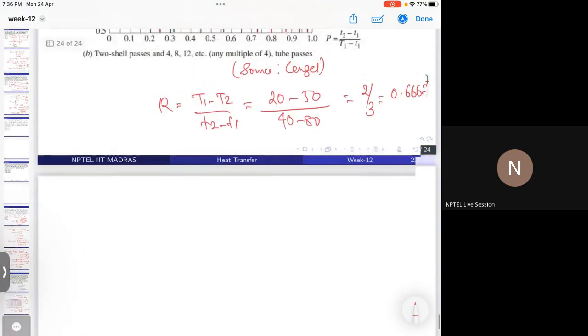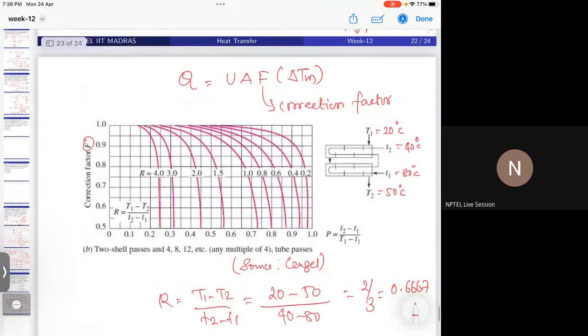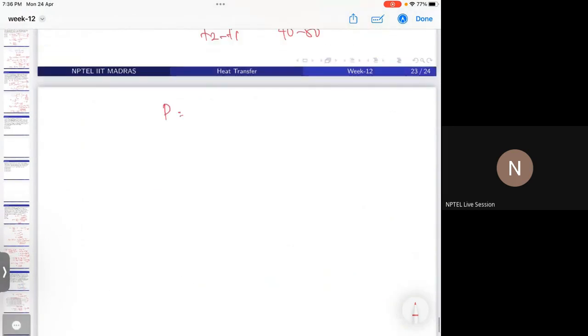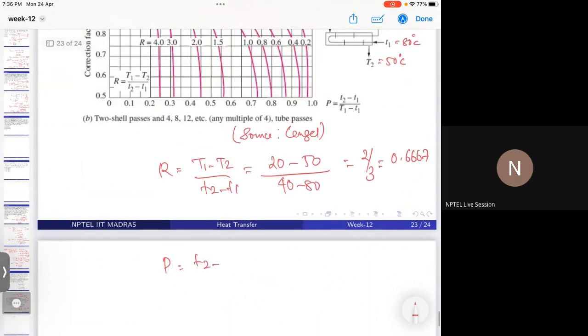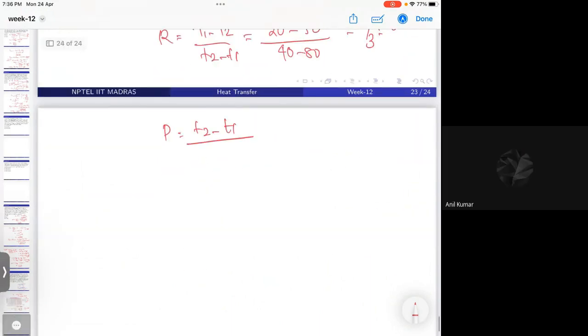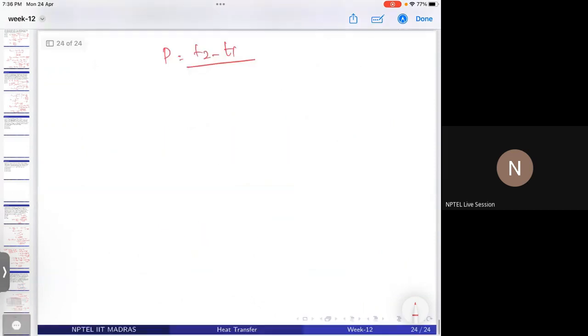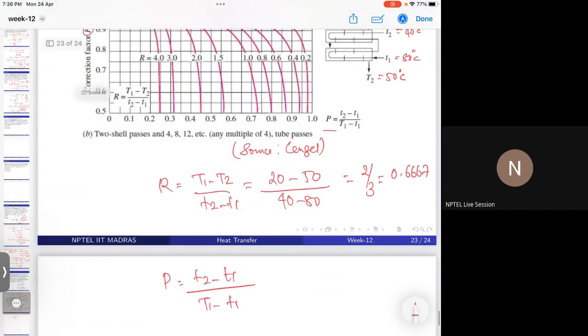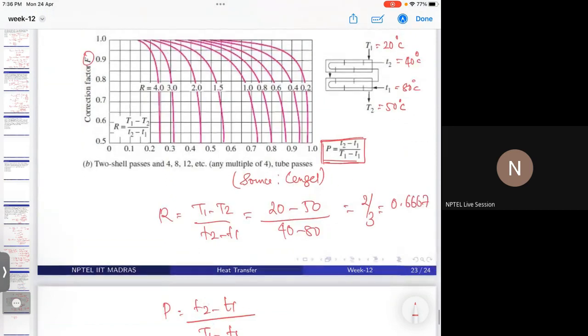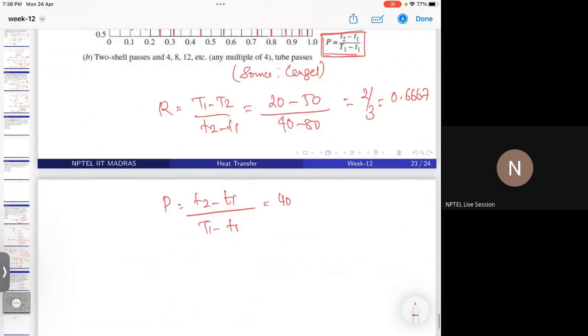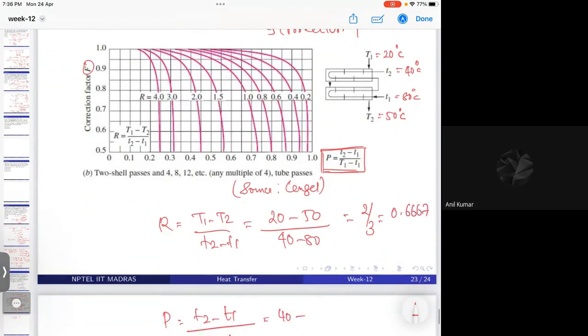Next parameter we have to find out is P. P is (t2 minus t1) divided by (T1 minus t1). This is the P value. What is t2 here? 40 minus... sir, this R should be 3 by 4.